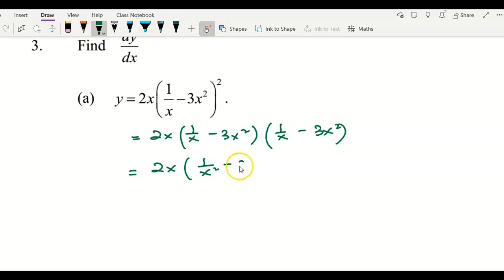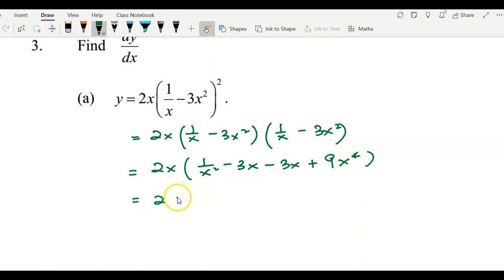You get a negative 3x because the x squared and this x cancel off, and you are left with 1x. Minus, again, you have 3x, because negative 3x squared multiplied by 1 over x gives negative 3x. And lastly, negative 3x squared multiplied by negative 3x squared gives positive 9x to the power of 4.